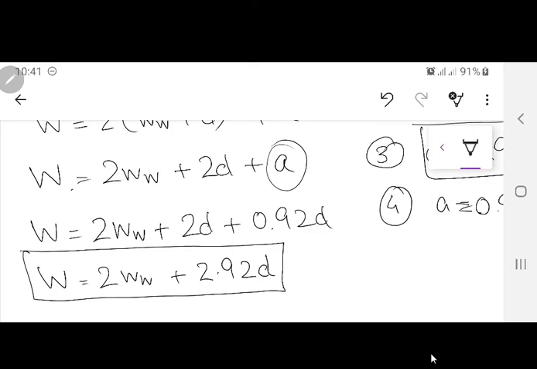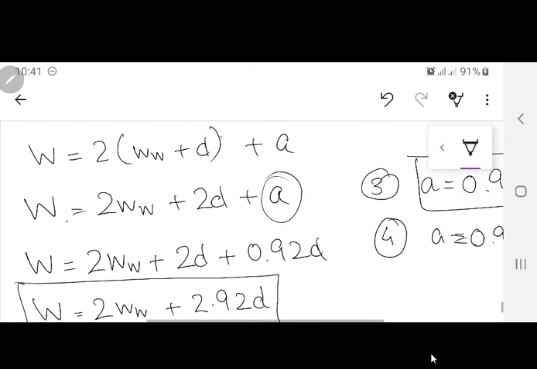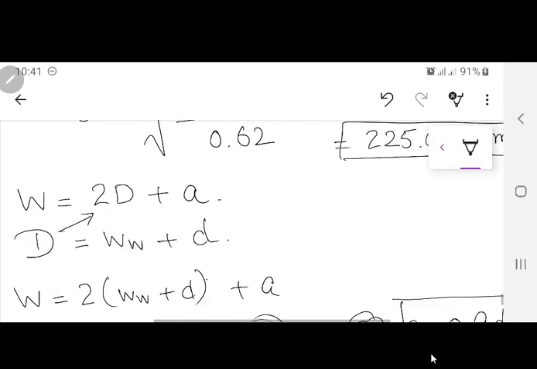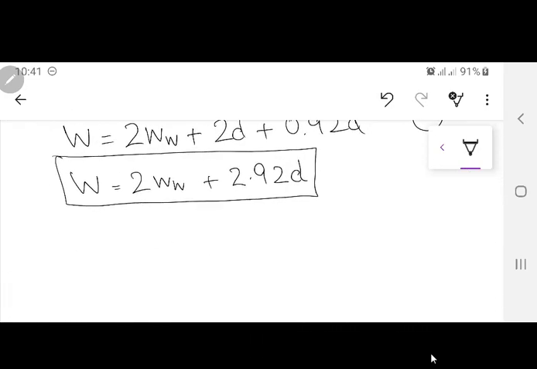D I know, I have the value already. What is the value of D? Value is 225. What to do of WW? G, any idea on this one? How am I going to find out?